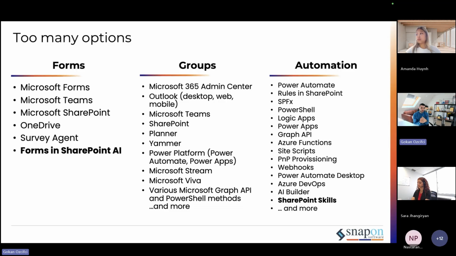You can create a group from the M365 Admin Center, from Outlook, from Teams, from SharePoint, from Planner, from Yammer, which is now Engage, Power Platform, Viva, Stream, and so on and so forth. So it's not new. It's just the way Microsoft is working, and what I call them, they're mastering confusing people, right? And today, gathering that information is capital for organizations.